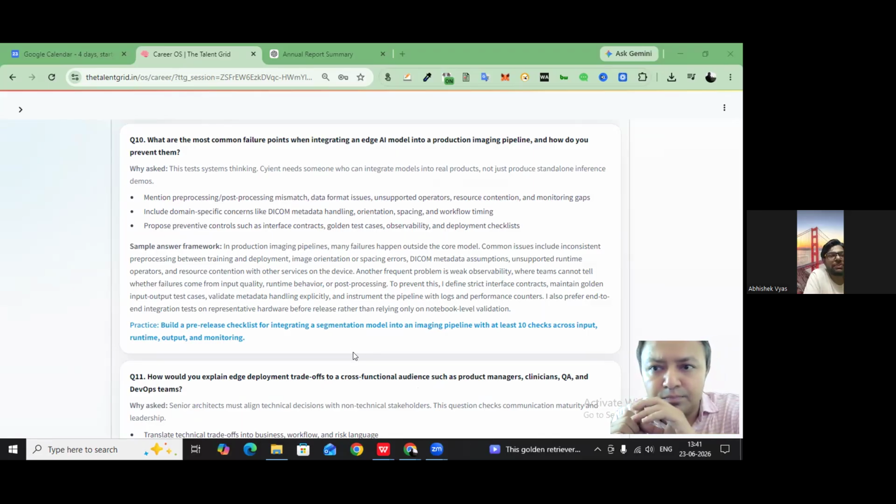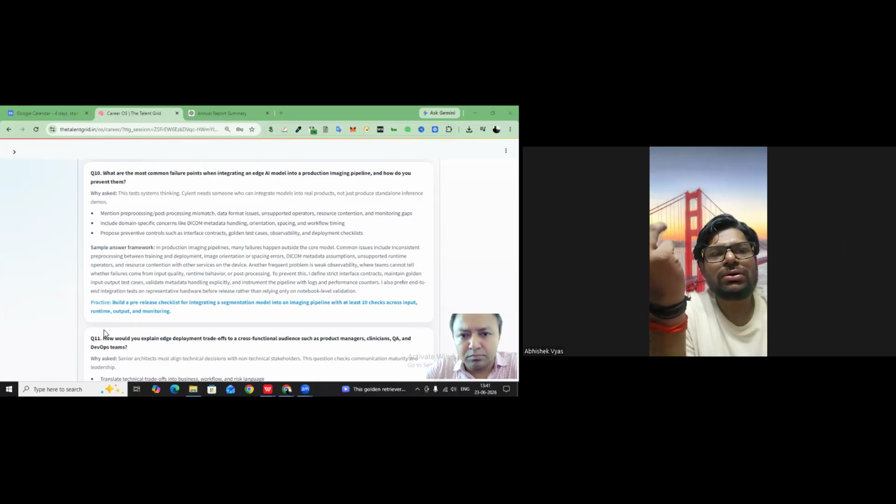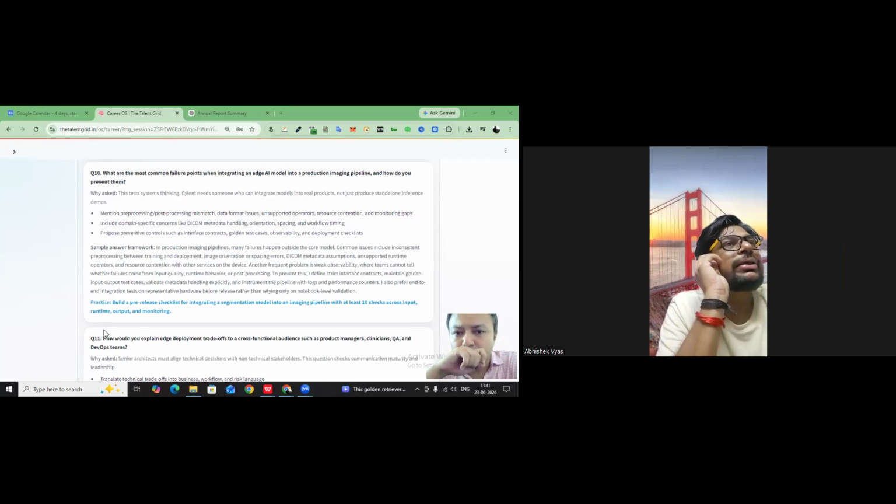Based on my experience, some of the failure points include preprocessing mismatch between training and deployment, sometimes the orientation of the image is not right, incorrect spacing or scaling, then DICOM metadata handling errors. That's also a common issue.